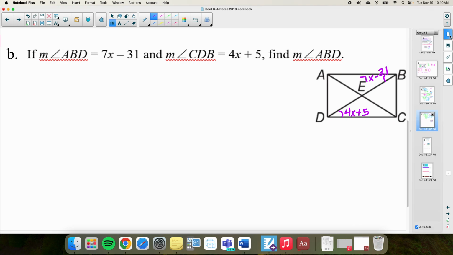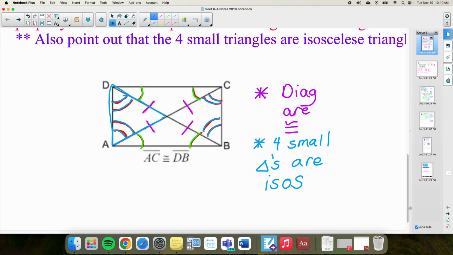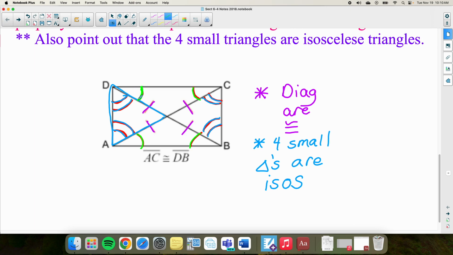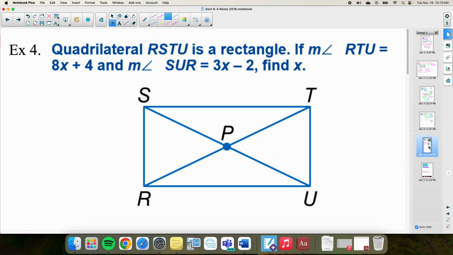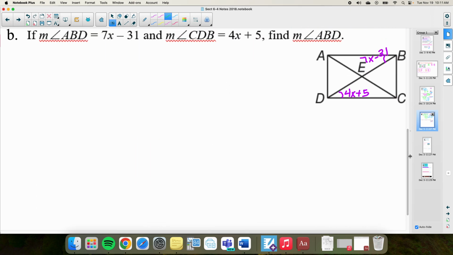So I'm going to take you back to that first page. Do you guys remember how these in green are all equal? 1, 2, 3, 4, as well as those 4 in blue are equal. That's what we would use here, okay?